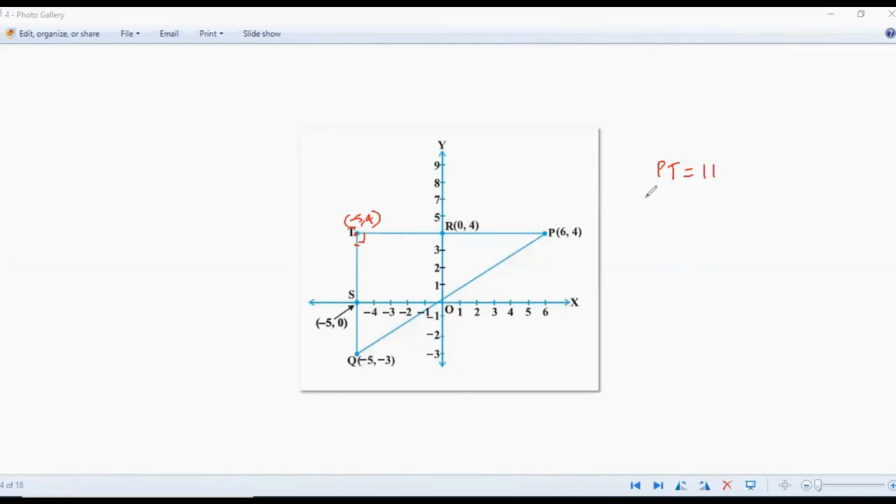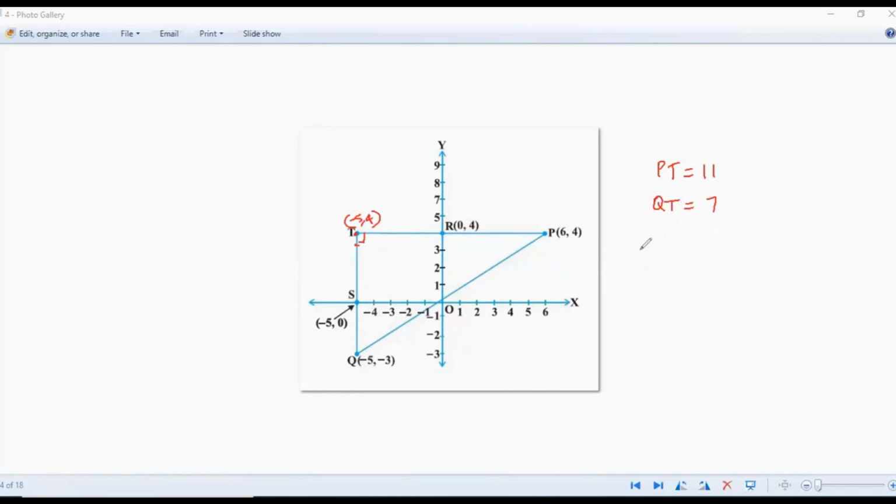Then what's the distance T to Q? QT is equal to 7, right? Because T is 4 units away from x-axis and Q is 3 units away from x-axis. So the total distance is 4 plus 3 is equal to 7.